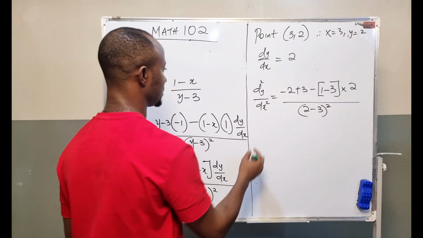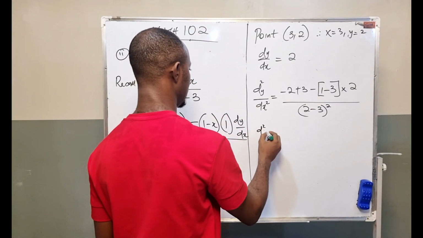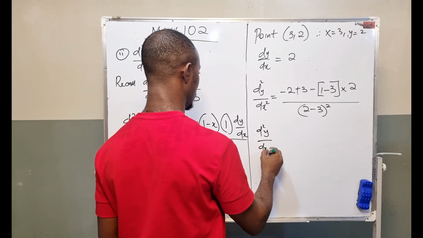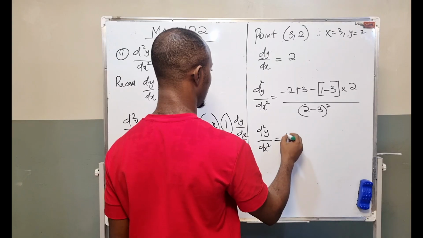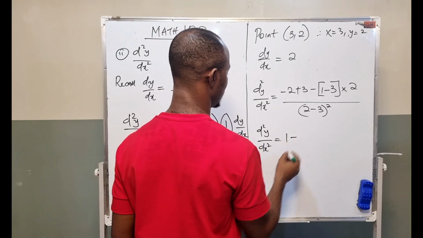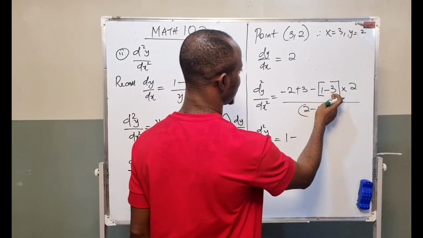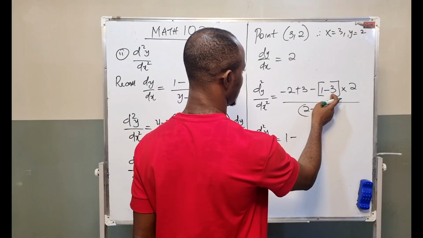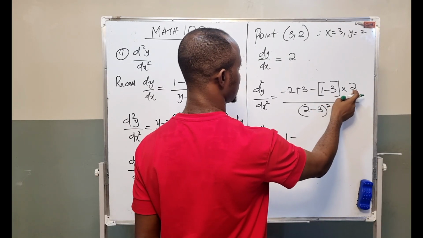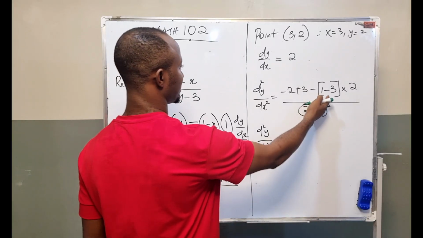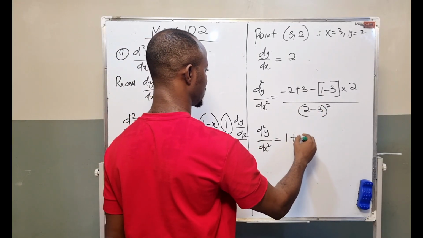So let's evaluate this. So we have d²y over dx² equal to minus 2 plus 3 is 1. Here we have minus 1 minus 3 is minus 2, right? Minus 2 times 2 is minus 4. The minus times minus is plus. So we have plus 4.